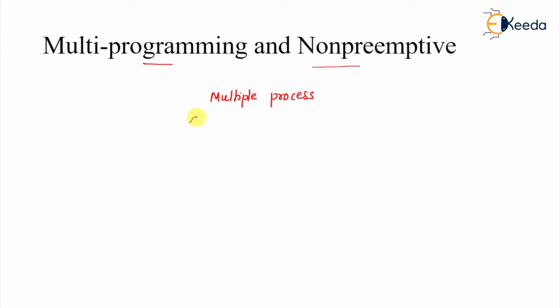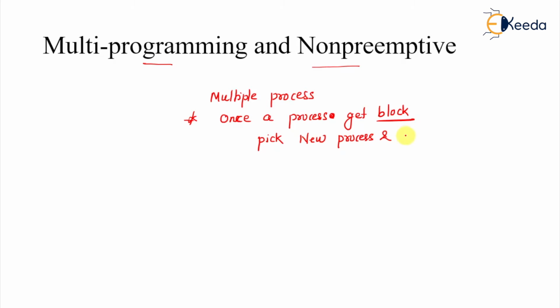So the idea is that once a process gets blocked or is waiting for some event to occur, we can pick a new process and allocate the CPU to it. That is the environment we are talking about.